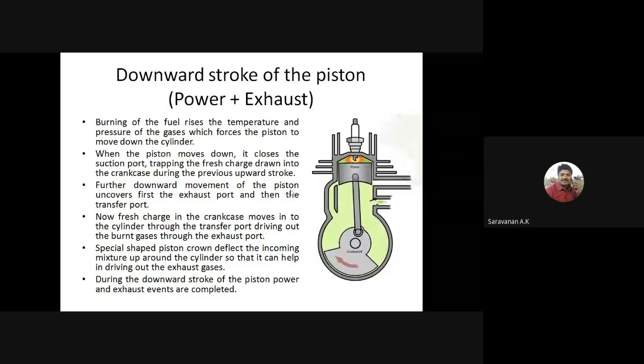But in most two-stroke engines, this is not possible. Why? Because the crankcase is a sealed one. The inlet charge comes into the crankcase and is compressed, and then passes through the transfer port to the combustion chamber.